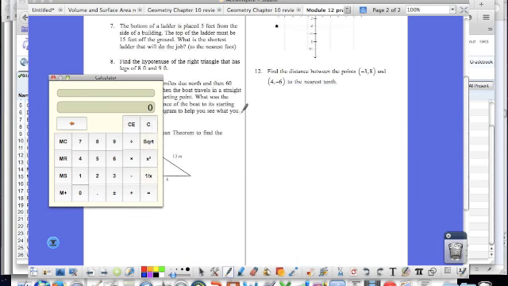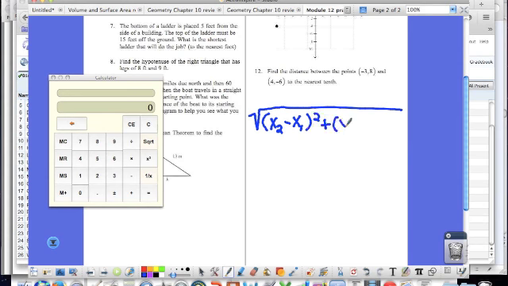Find the distance between these. So remember, x2 minus x1, quantity squared, plus y2 minus y1 squared. Okay, so negative 3 minus 4, quantity squared.